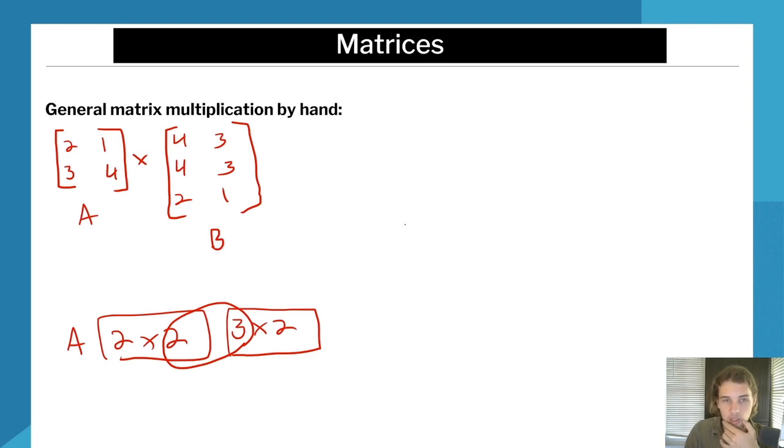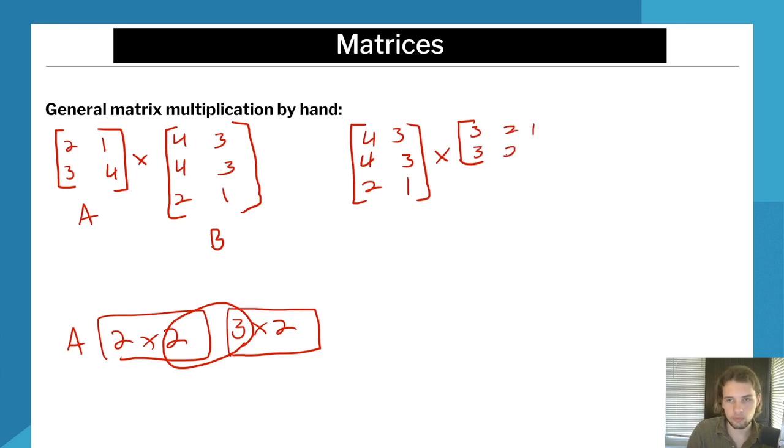Now, let's actually put that into practice. So instead, let's look at a matrix as such. We'll use B again, and then we'll multiply it by C. We'll do it like this. Make it simple.